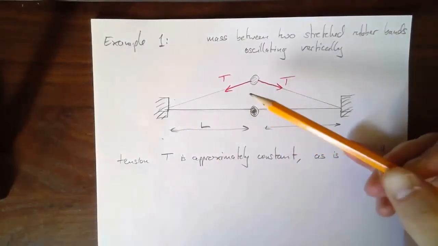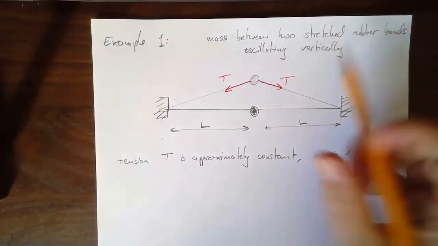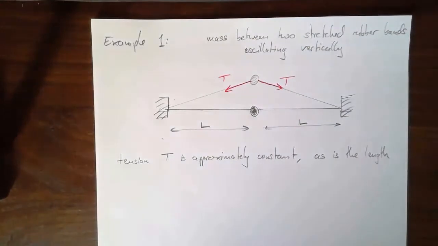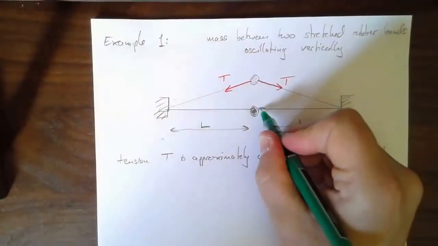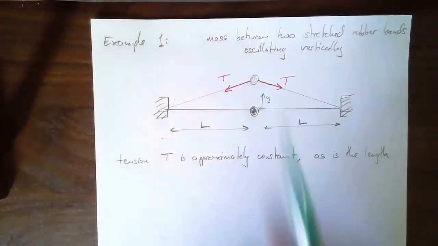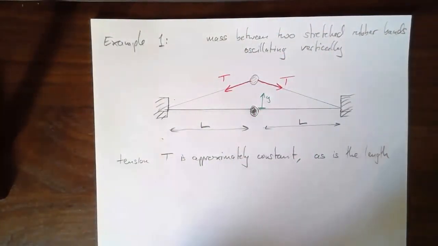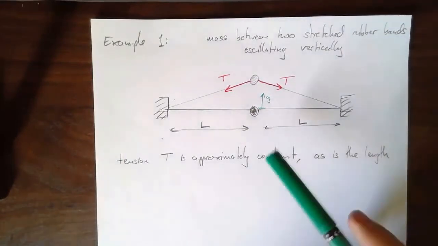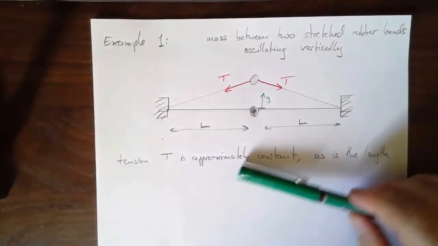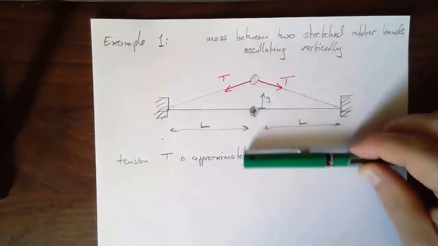Now I'm going to assume that the displacement is small. Let's give this displacement a variable name. Let's call this my y direction. Now imagine I'm looking down onto a table here, so there's no gravity involved in all of this. In fact, it wouldn't change very much, but imagine I look down on a table and it's sort of oscillating in the horizontal like this.